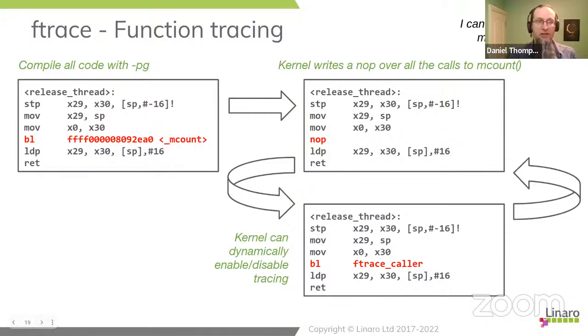Function tracing, the essence of the tool, I said I'd introduce you to the essence of the tools, is first off, you can compile all the code with -pg, which is the profiling hook. And that results in every single function call having what's called the preamble. When you compile a function, there's a little bit of generated code the compiler will generate at the beginning of the function that sets us up to run the function, and then you will see the opcodes that map the operations you put in the actual C code.